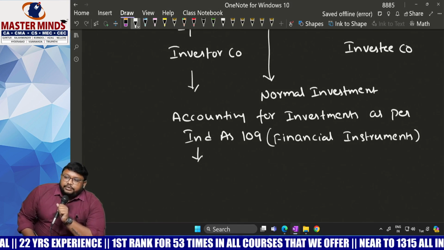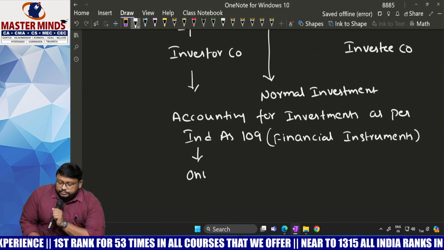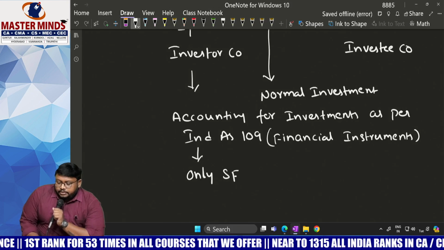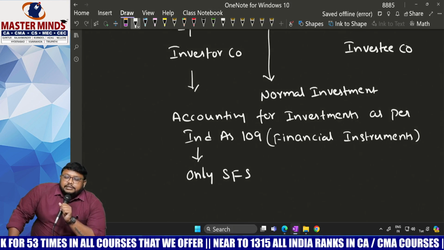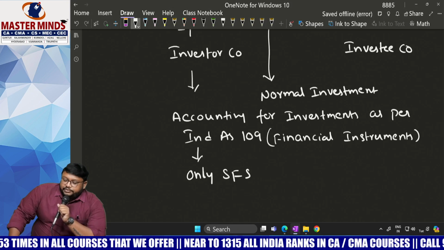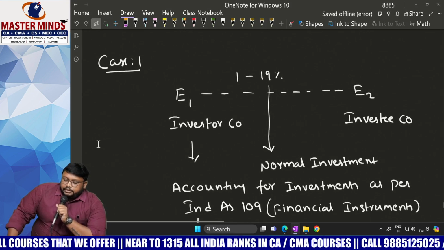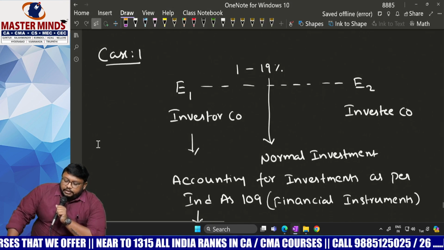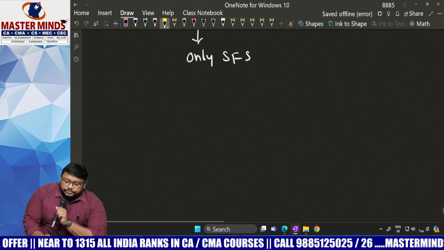Only standalone financial statements we will prepare. In those financial statements, accounting for the investment is as per Ind AS 109. This is case 1. Okay. So all together you can copy now. So case 2.